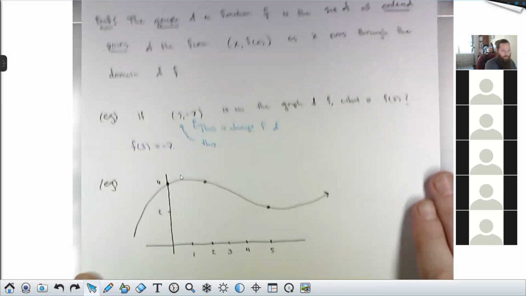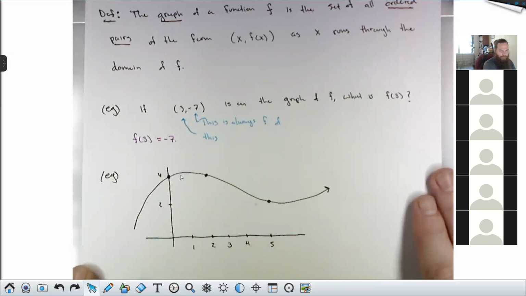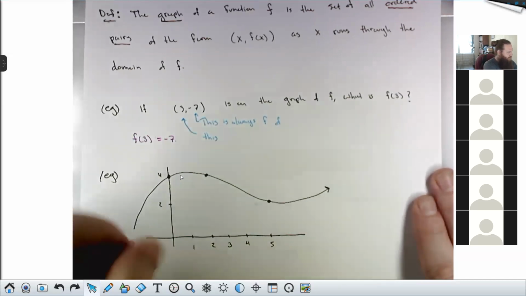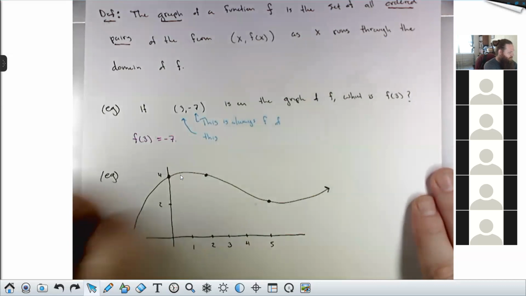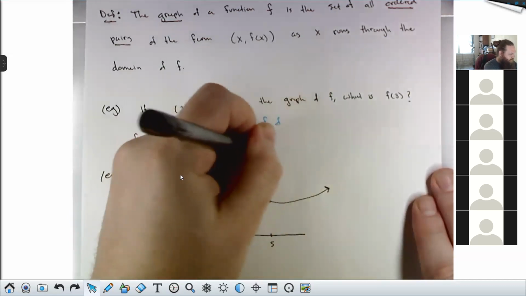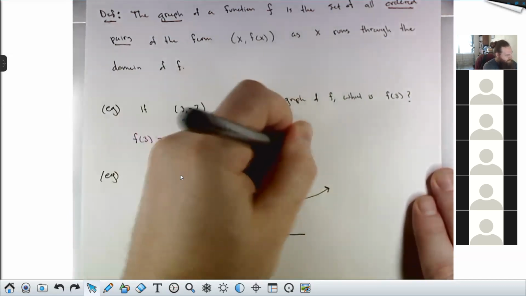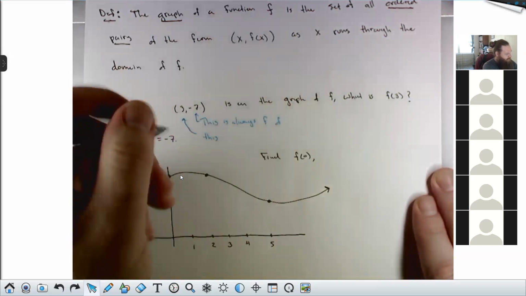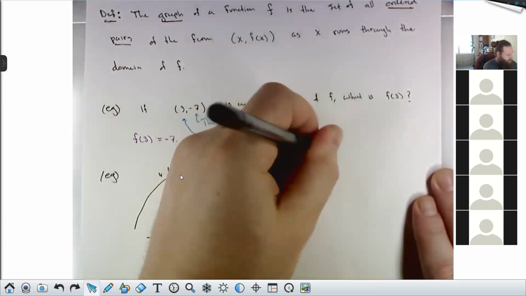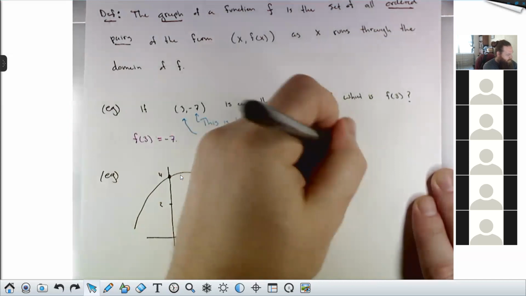So I've drawn a graph for us here. I'd like to ask a few questions. Let's find f of 0, f of 2, and f of 5.